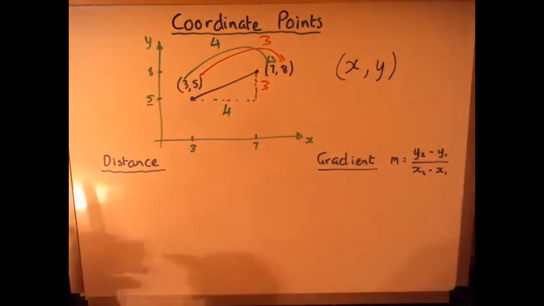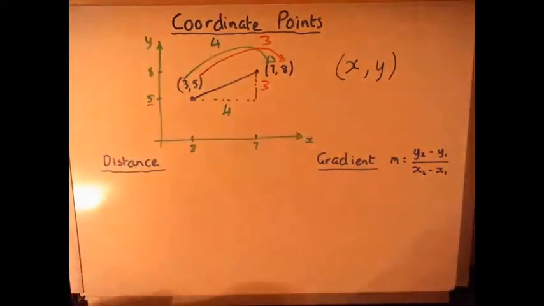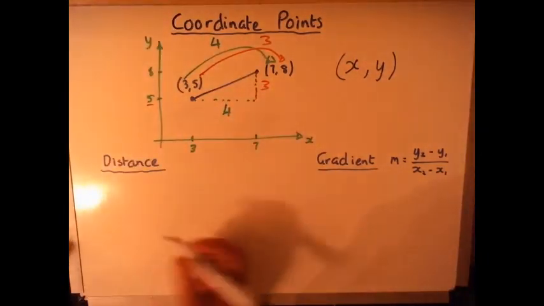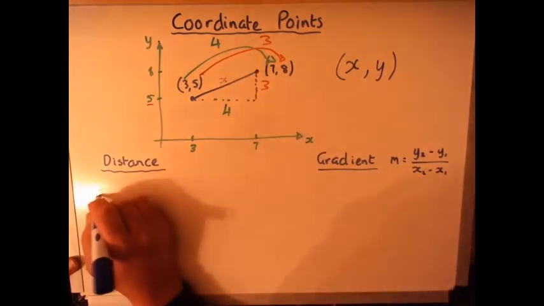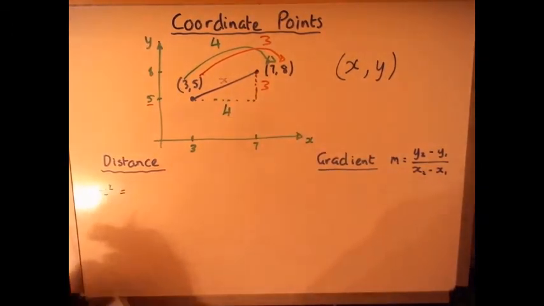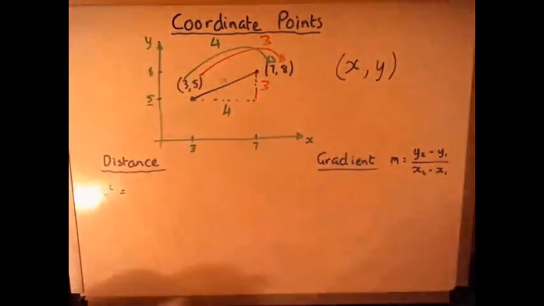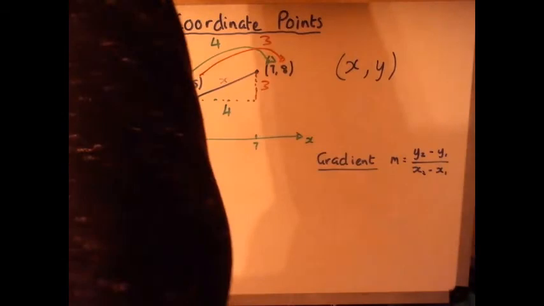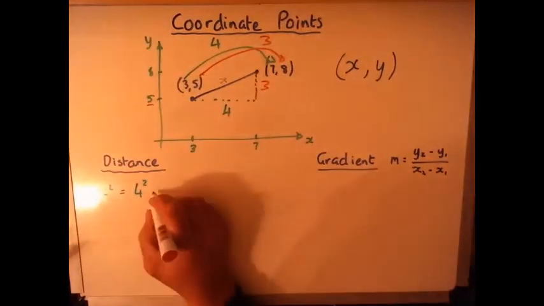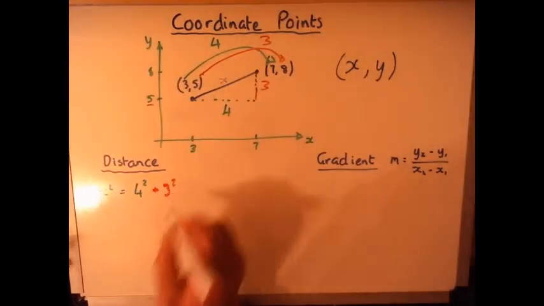Now that I know two sides of my right-angled triangle, I can find this blue line by doing Pythagoras. A reminder about Pythagoras: if I call this length x, my distance x squared is going to be 4 squared, because that's my horizontal change, plus 3 squared, which is my vertical change.